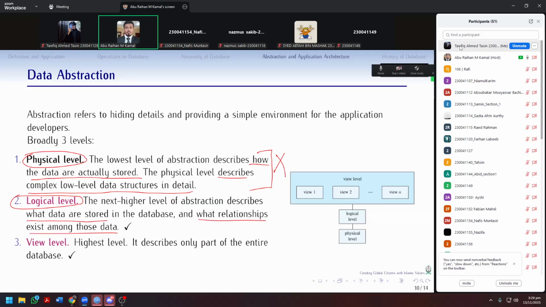This is the core part, and this is the design part. This is the original design that you will learn. When you think of the design of a database system, we actually point to the logical level designing. And finally, on the top of this, there's the view level: how you want to present your data to different users.